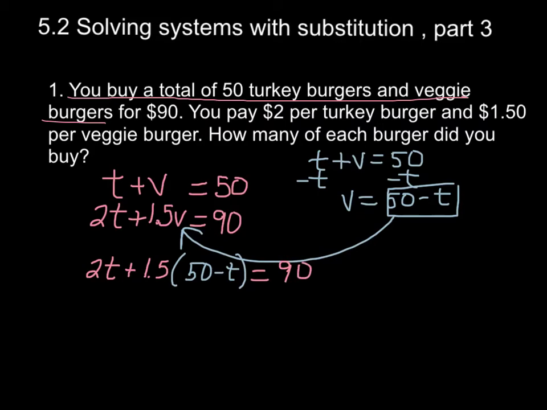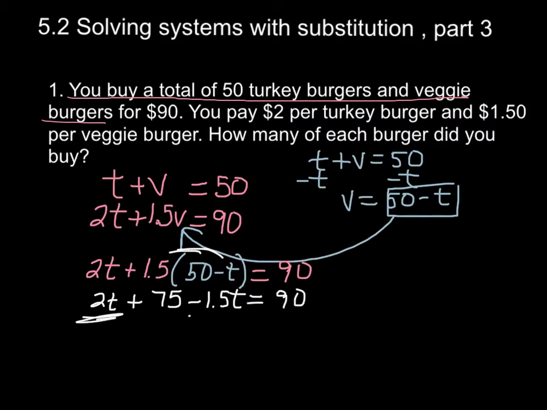Now I'm going to distribute. That gives me 2T plus, it's going to be 75, 1.5 times 50 is 75, minus 1.5T, that's 1.5 times negative T, equals 90.